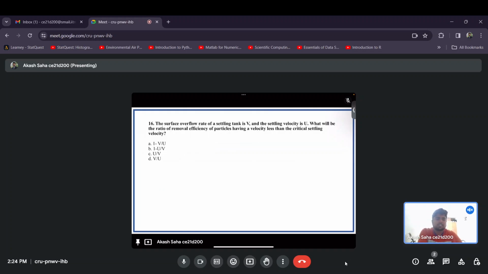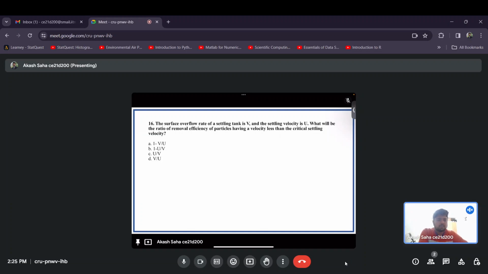Okay, the next problem says that the surface overflow rate of a settling tank is V. The settling velocity is U. What will be the removal efficiency of particles having a velocity less than the critical settling velocity? So my settling velocity is U, the surface overflow rate is V. Both are different.